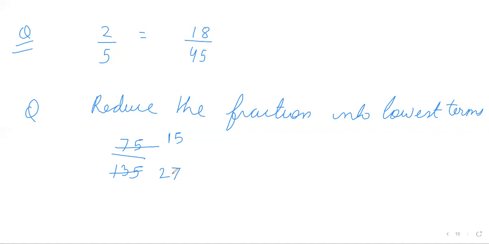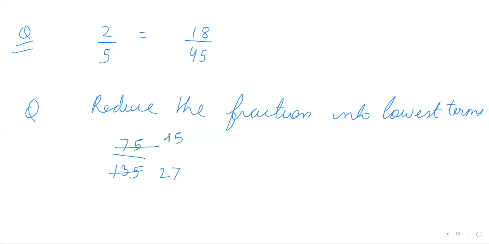So, ma'am, 15 by 27. Now if you remember the divisibility rule of 3, then 1 plus 5 is making 6. So it is divisible by 3. And 2 plus 7 is 9. It is again divisible by 3.